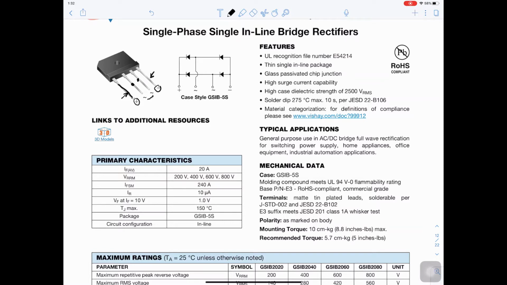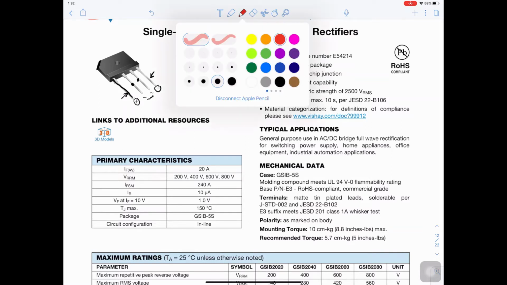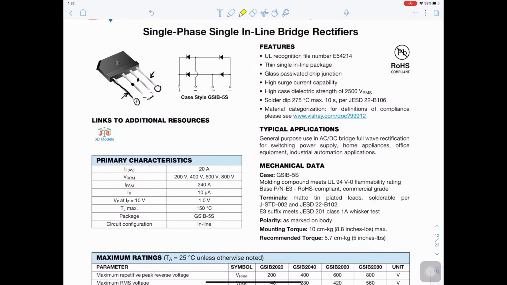And usually the positive has this angle here. So you can look for the outer pins to be the DC, and on this edge is the positive one. And here you can read the values, that the current is 20 amperes.